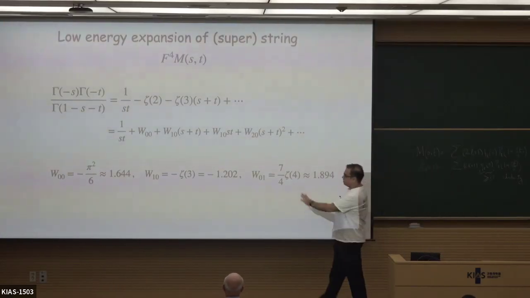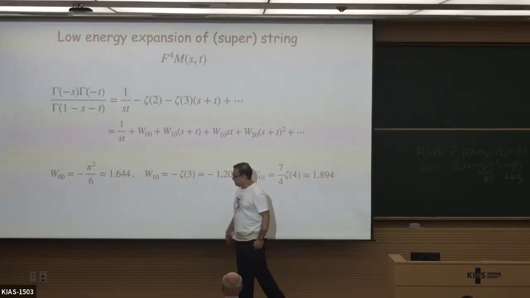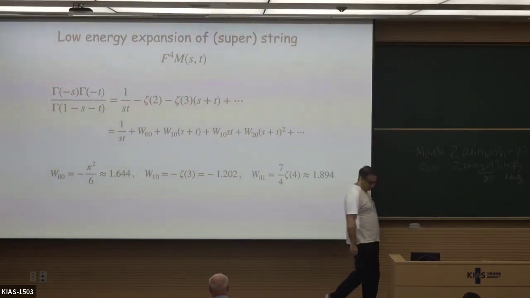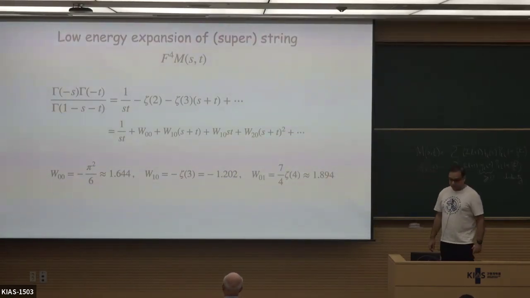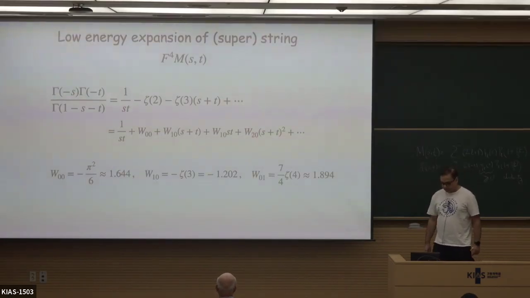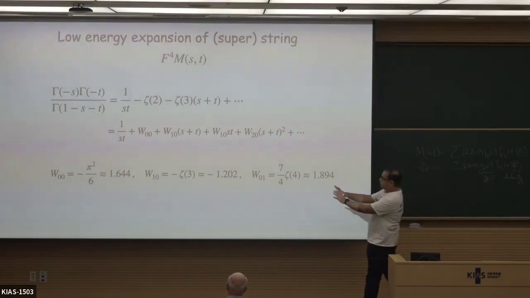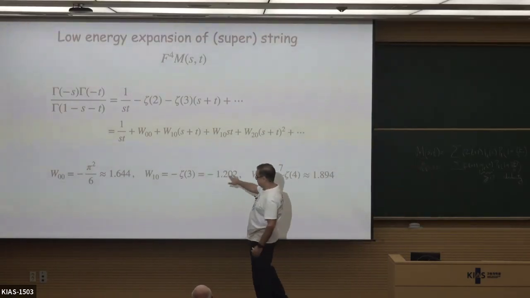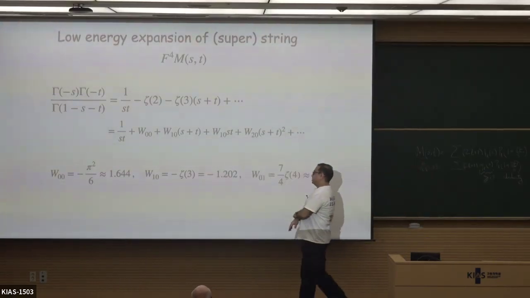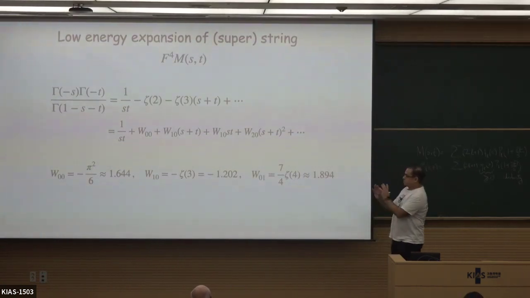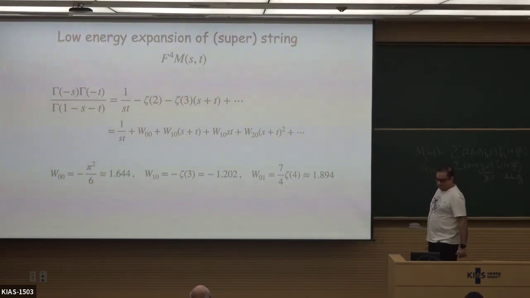But the sign of W10 is kind of important in my conventions. It's negative, and W01 is positive for string theory. So basically, these three are going to be the main players in constraining the space of S matrices: W10, W01, and W00.